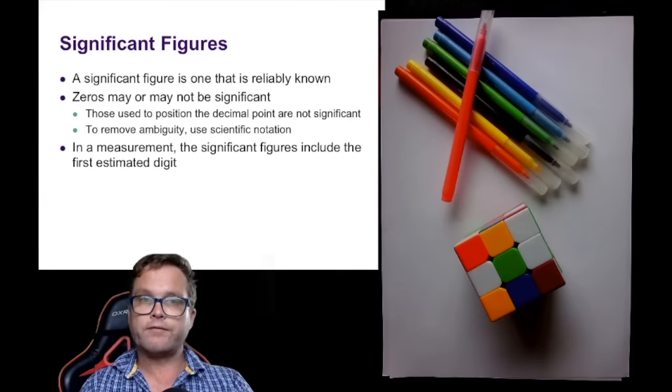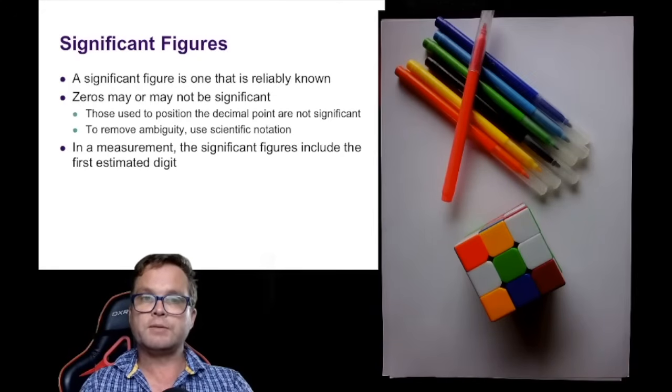In dealing with significant figures, zeros may or may not be significant, depending on their position. The zeros used to position the decimal point are not significant, and to remove ambiguity of whether a zero is significant or not, we use scientific notation, and we'll see examples of that.